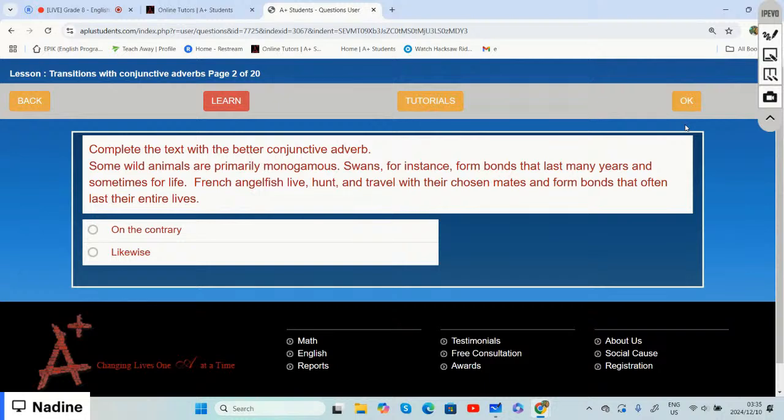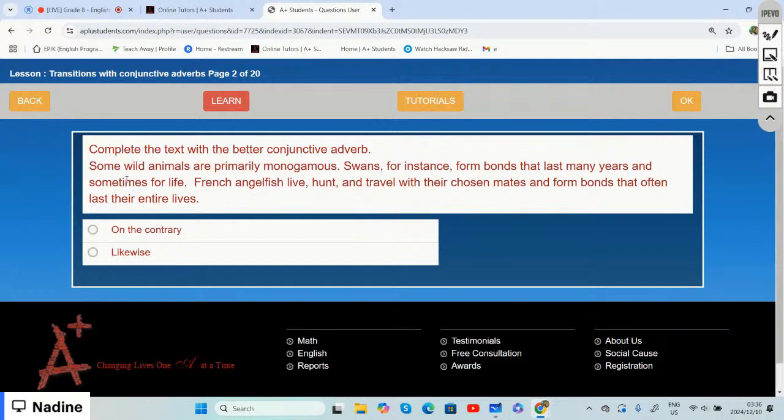French angelfish live, hunt, and travel with their chosen mates and form bonds that often last their entire lives. So we now need to choose our correct word. Just there in front of the word French over here.